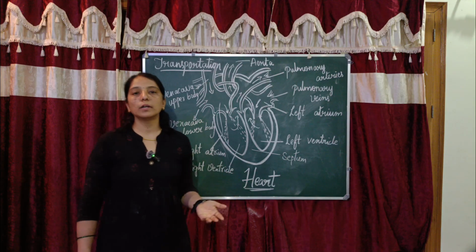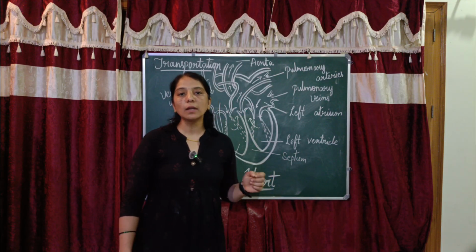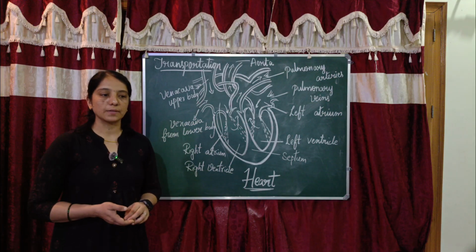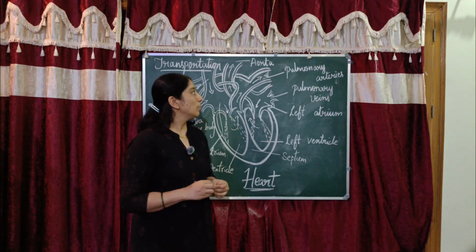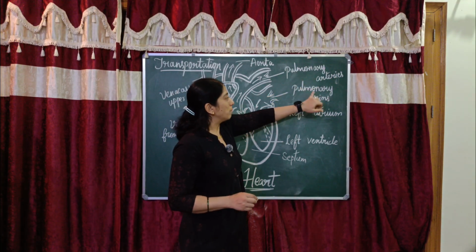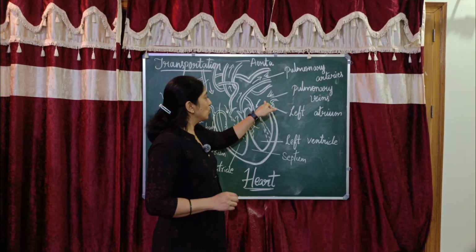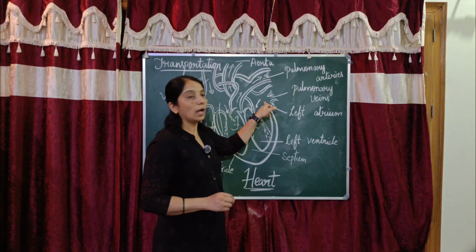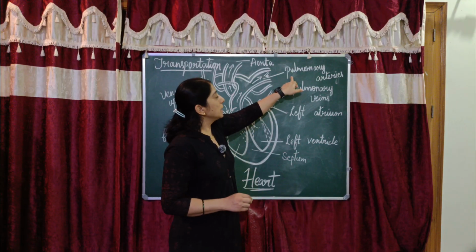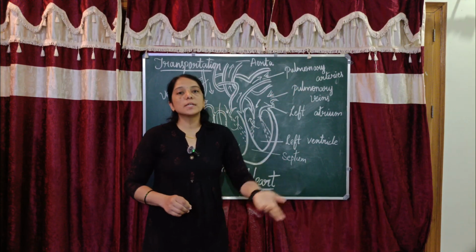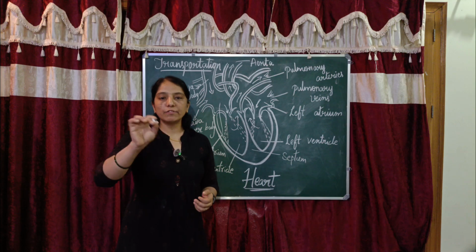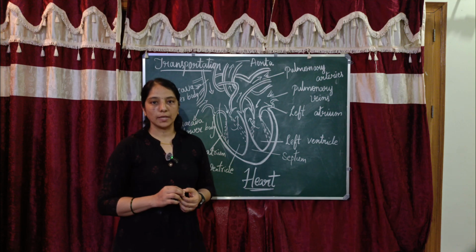Then another important question is differentiate between arteries and veins. You already know the pulmonary arteries and pulmonary veins. We know that veins enter the blood into the heart, but arteries take blood outside of the heart. So what is the difference between arteries and veins?